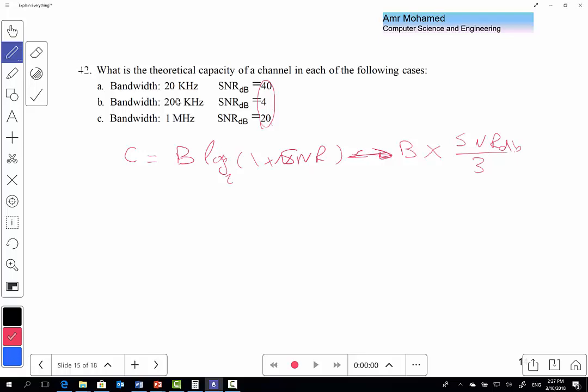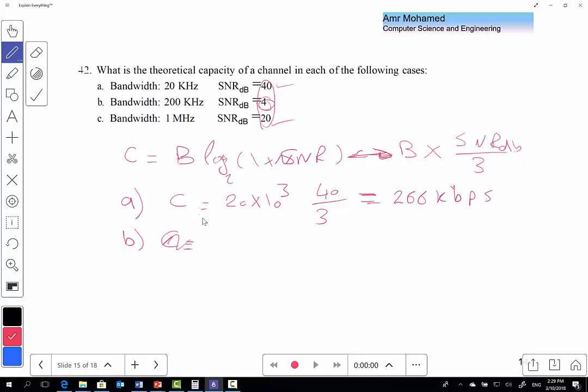Okay, so this case is obvious, this case is obvious, this case is a little bit borderline. So for A we can easily say that the capacity equals 20 times 10 to the power 3 times 40 divided by 3. So this is around 266 kilobits per second.